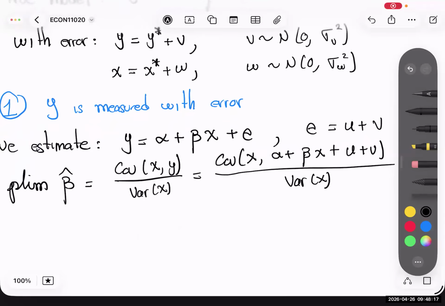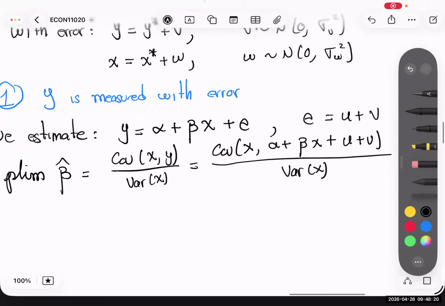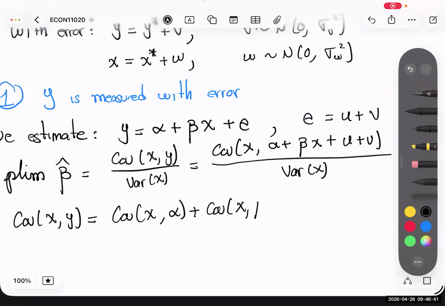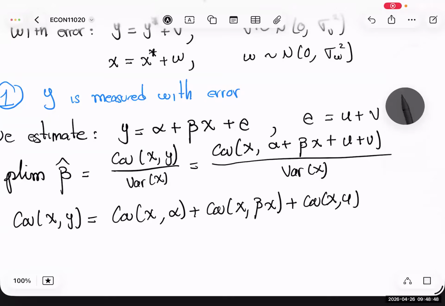Now let me work with the numerator as I said before, which means that I will be working with this covariance of x and y. Let's form pairs just as we did before. This is covariance of x and alpha, plus covariance of x and beta x, plus covariance of x and u, and finally plus covariance of x and v.